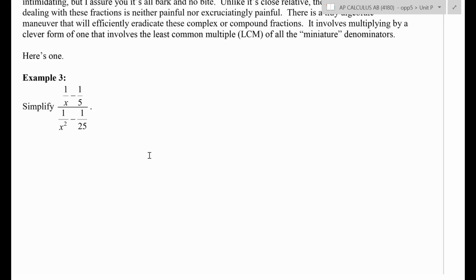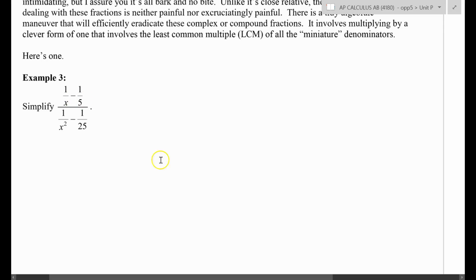I'm going to show you one of them. If I want to focus on the numerator and the numerator only, to put these 2 fractions together, would you guys agree that 5x is the common denominator in the numerator? So I went from x to 5x.